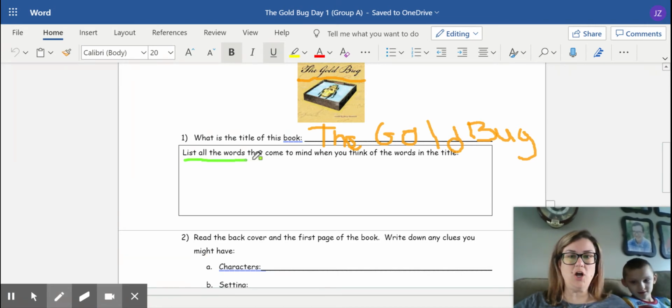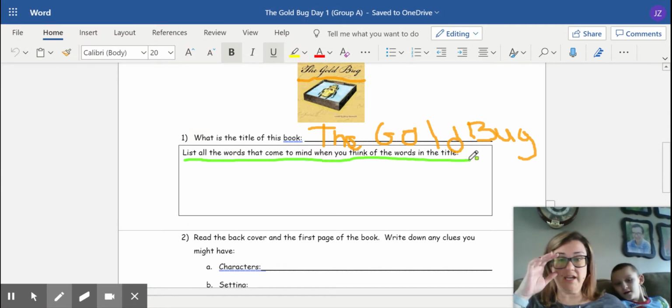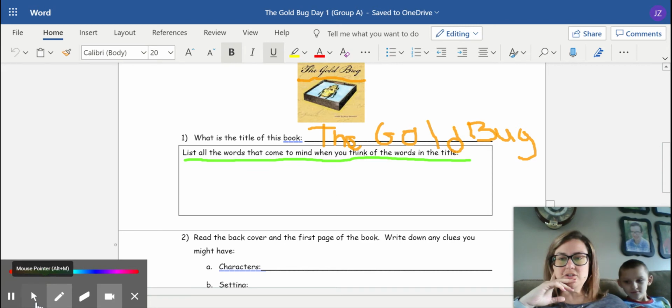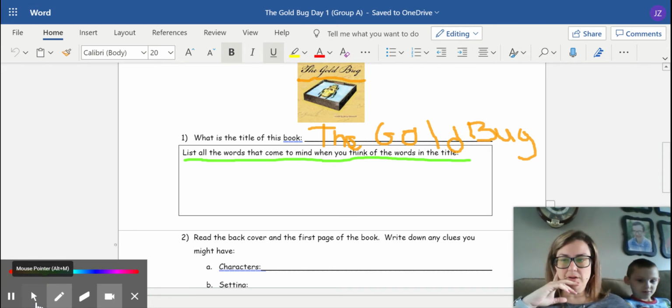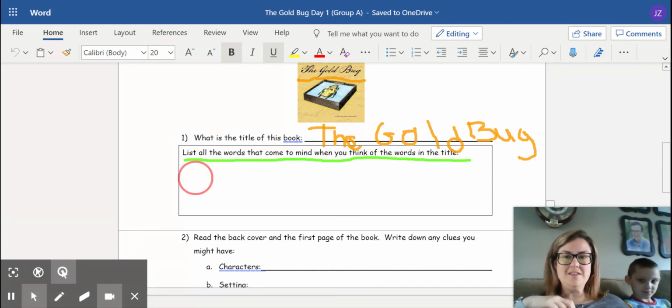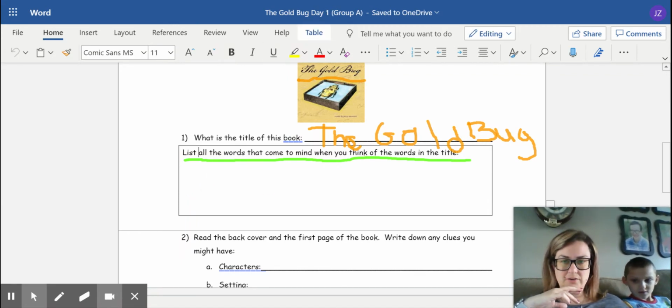It says, list all the words that come to mind when you think of the words in this title. I want you guys to come up with as many words as you can think of that are related to this title.